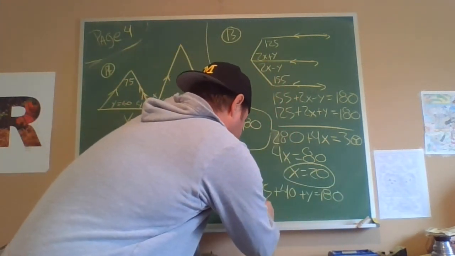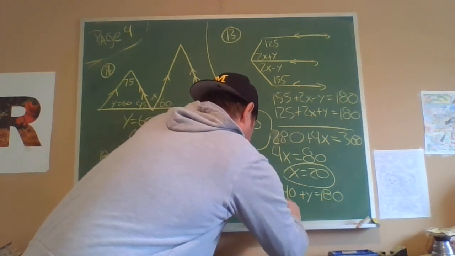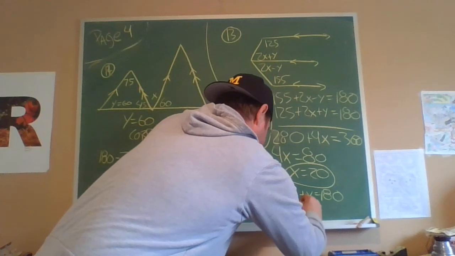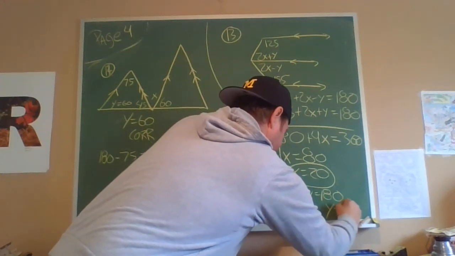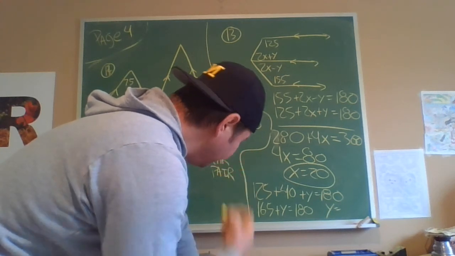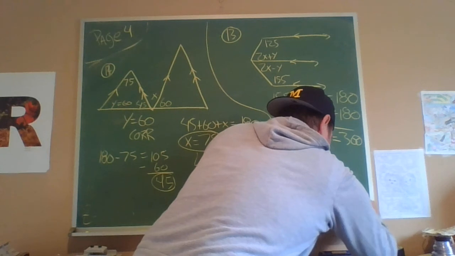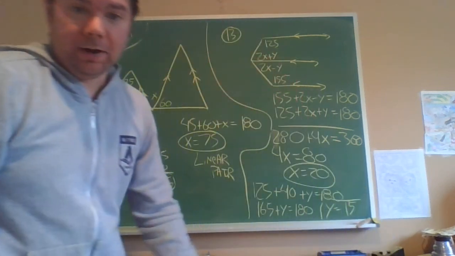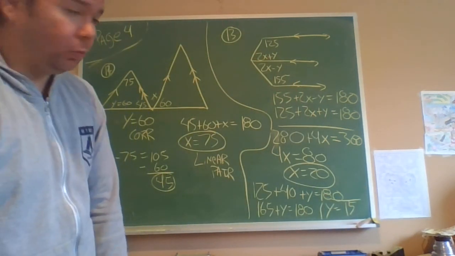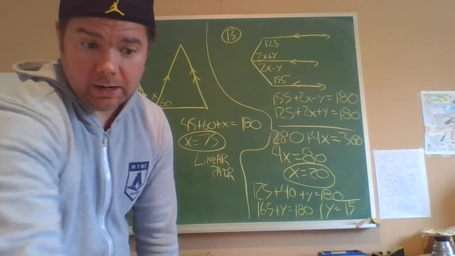Let's see, 125 plus 40 is 165, plus y equals 180. Subtract 165 from both sides, and you get 15? Yeah, 15. Okay, so that is a wrap for number 13. x is equal to 20, and y is equal to 15. Okay, onward to page 5.